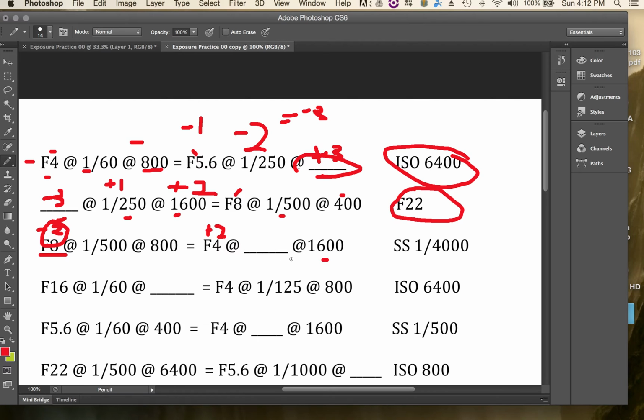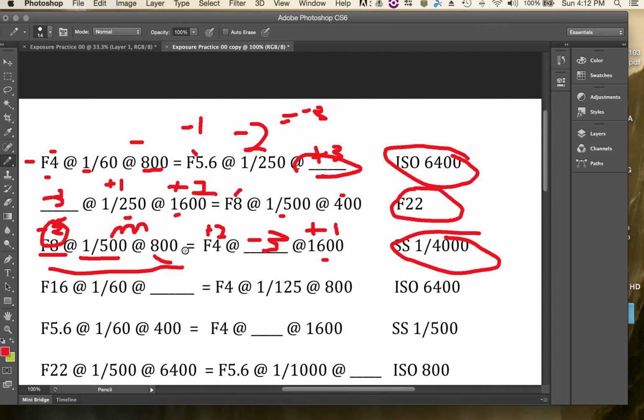And then we know our ISO, which is 1600, is more sensitive than 800 by a factor of 1, for a total of +3. So in here, -3. So what's going to allow less light in your shutter by a factor of 3? And that's 500, 1,000, 2,000, 4,000. Hence your answer is 4,000.